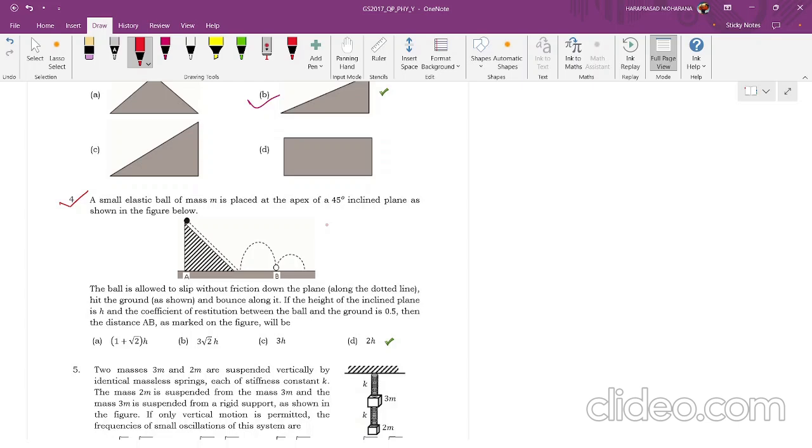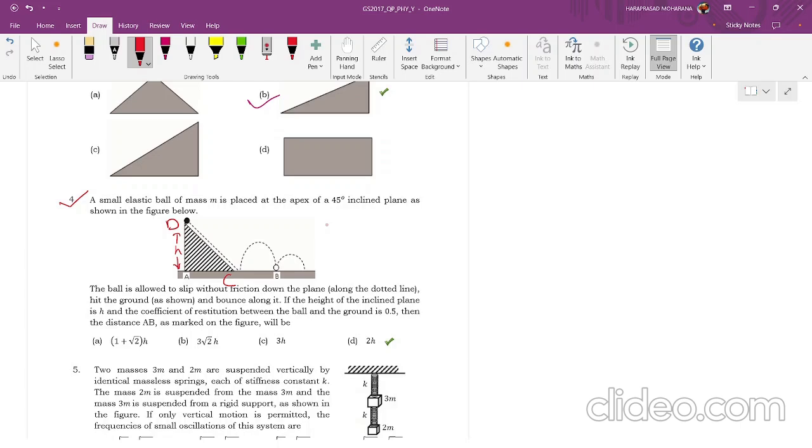Look at this picture. Let me name it somewhere around A, C. This is your B point, and the top I will mark D. This height is mentioned as h. Let me read the question for you. A small elastic ball of mass M is placed at the apex of a 45-degree inclined plane.